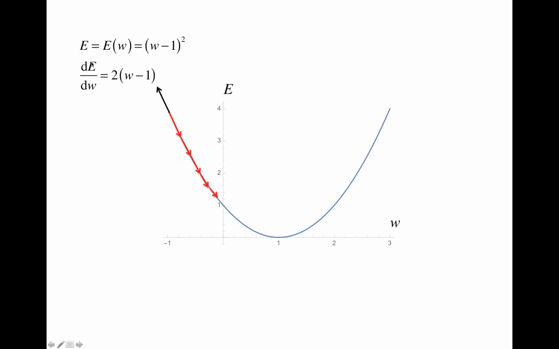So dE over dW is just 2 times (W minus 1) in this very simple example. And we developed a very simple Python program that allows us to find the best weights that minimize the error E by taking successive small steps along the negative derivative direction.